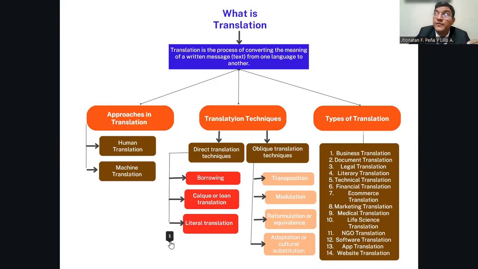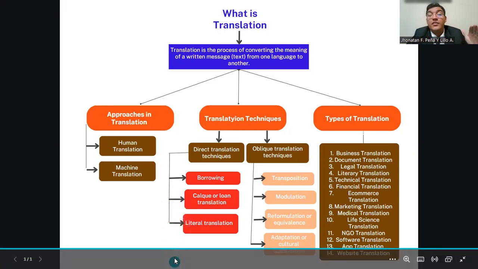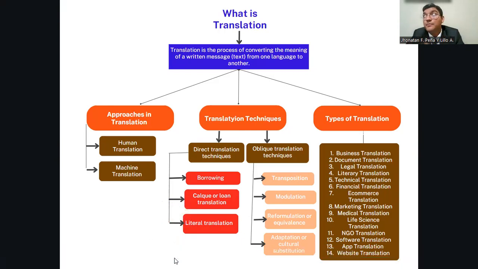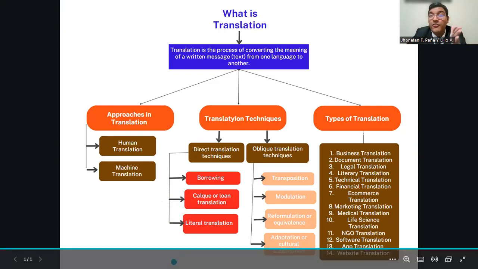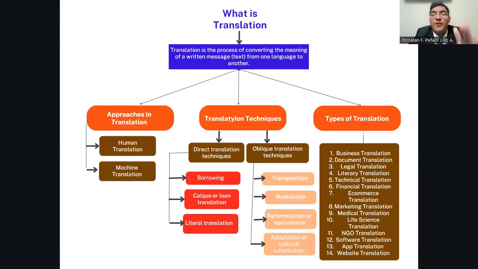For example, Peter is happy, Peter está feliz. Or the kids play football, los niños juegan fútbol. So we translate literally word by word from the source text to the target language.